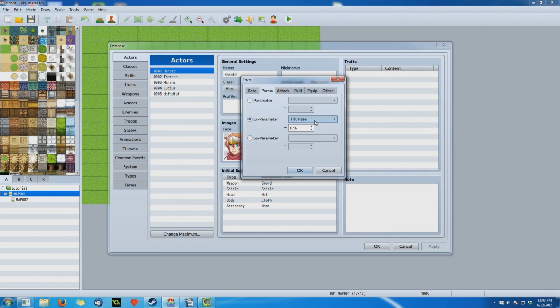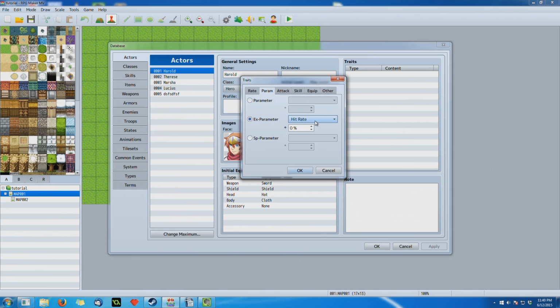Then we have evasion rate here, and there's a mathematical equation between the hit rate and evasion rate. I don't know the exact math behind it, but it's something like if the enemy's evasion rate is higher than your hit rate, then they'll dodge the attack. It's based off chances, so it's not 100% of the time that they'll dodge. The evasion rate is just a chance of you evading an attack.